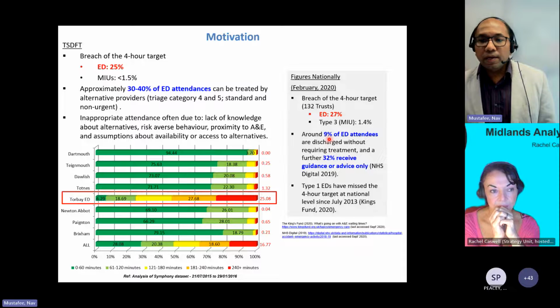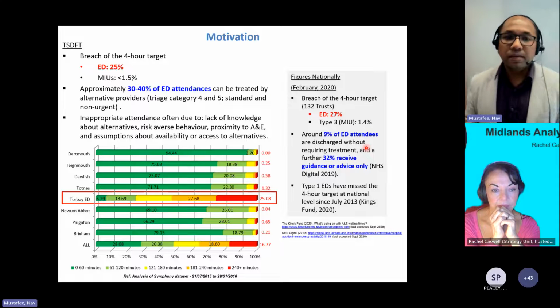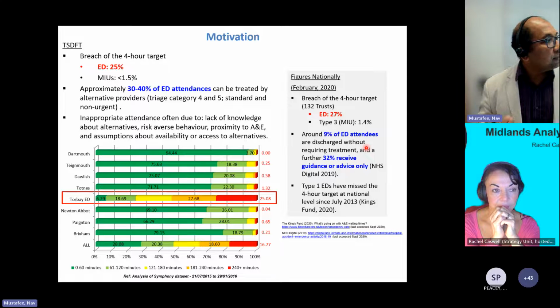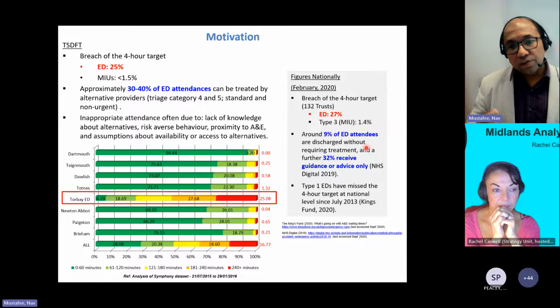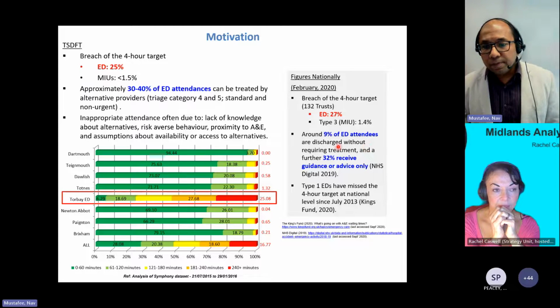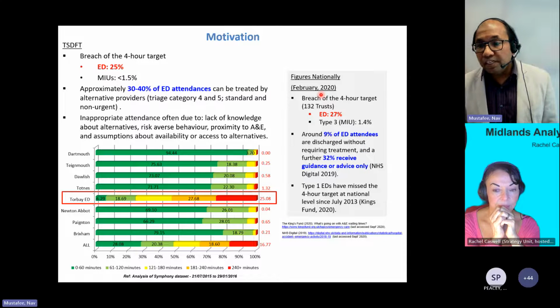If you add up 32 and 9, 40% of people probably did not need to be in ED. So there is some existing capacity, even nationally, in MIUs. And second, a lot of people, 32 to 40%, probably don't need to be there.